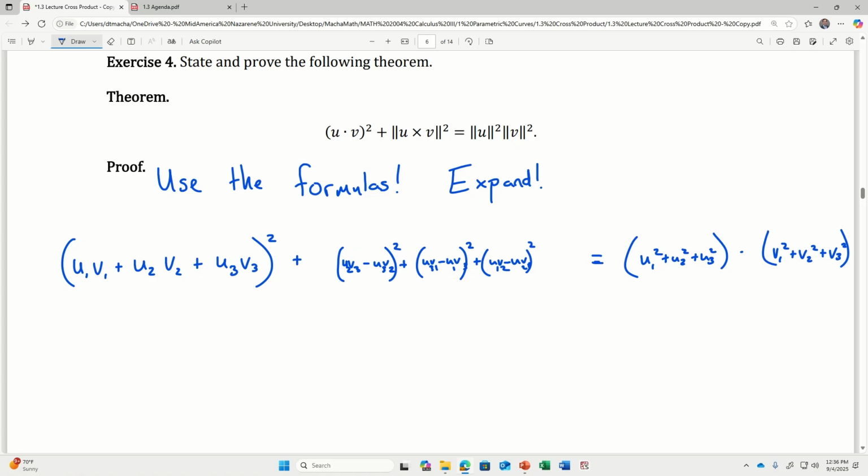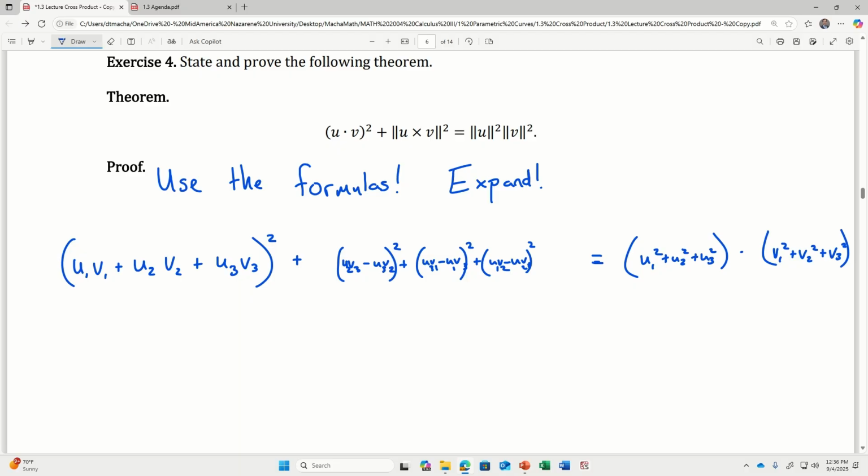And what follows is going to be a really obnoxious amount of algebra. Just basic, when you square this, you've got to distribute everything properly. You've got to do u1 squared v1 squared, and then u1 u2 v1 v2, and then u1 u3 v1 v3, and then you've got to handle all the combinations like you normally would if you're being super careful with your algebra.